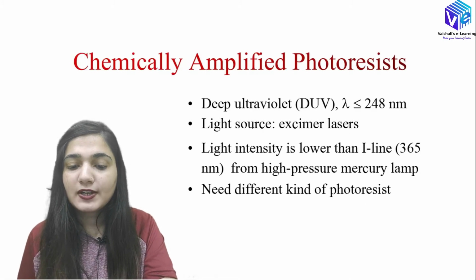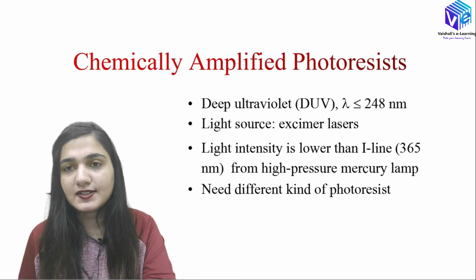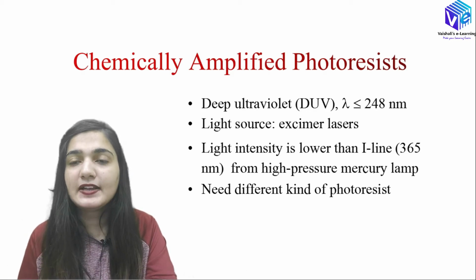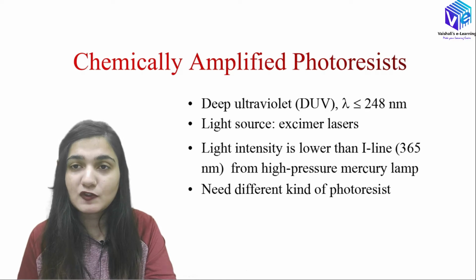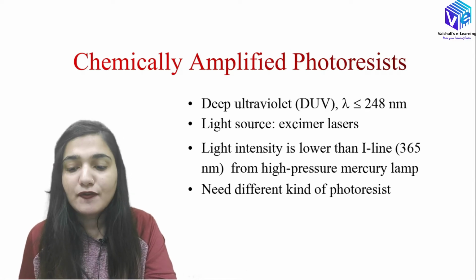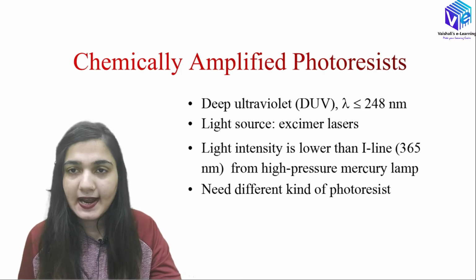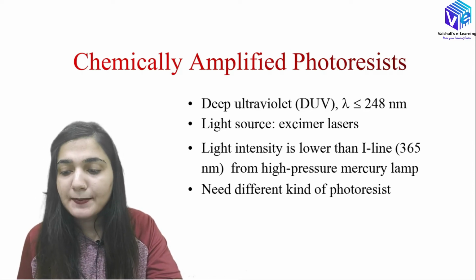So now coming to the chemically amplified photoresist. As the name suggests, some chemicals are amplifying the photoresist properties. Here we are using the deep ultraviolet light or DUV, where the lambda is lesser than 248 nanometer.